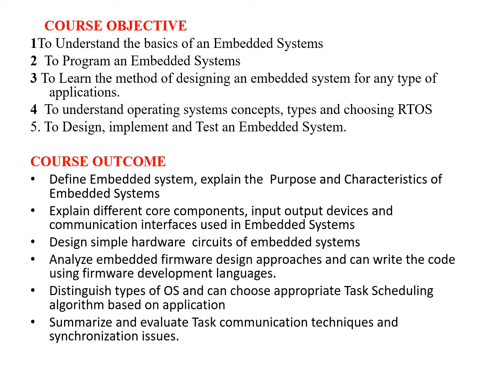Next is designing simple hardware circuits of embedded systems. Analyzing embedded firmware is finished. Next, distinguish types of OS, and choose an appropriate task scheduling algorithm based on applications. There are types of OS, such as RTOS, and so many operating systems. We can distinguish them, and task scheduling is very important in embedded systems.